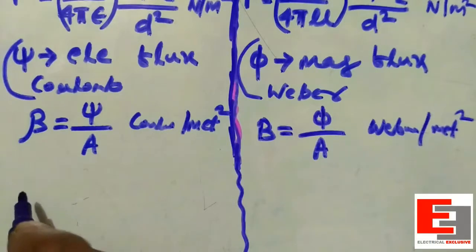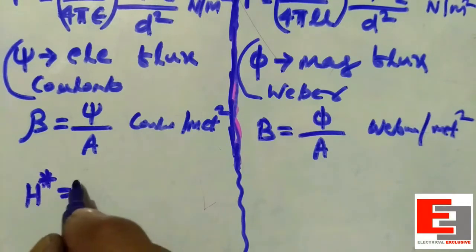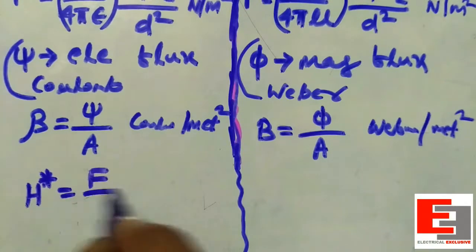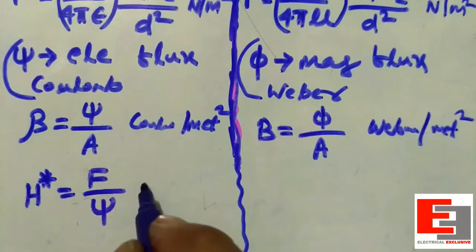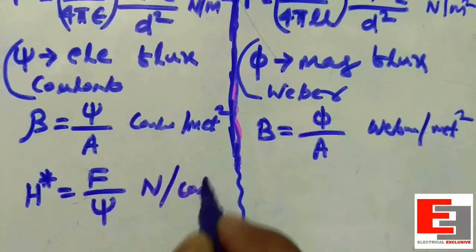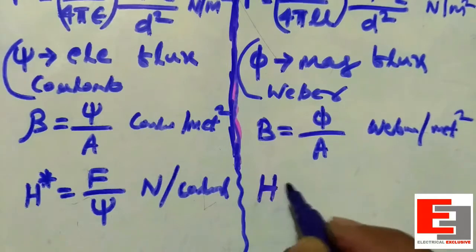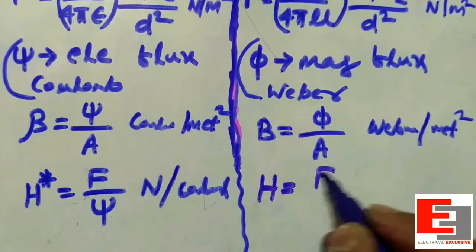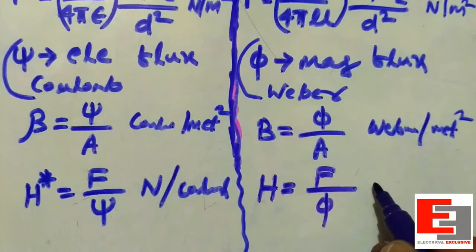The electric flux intensity, that is H star, is equal to the force divided by the electric flux. So the unit is Newton per coulomb. Whereas the magnetic field intensity, that is H, is equal to force F divided by the magnetic flux, that is phi. So the unit will be Newton per Weber.